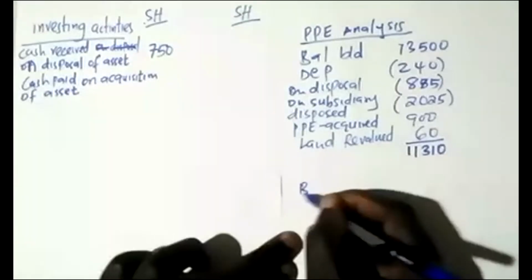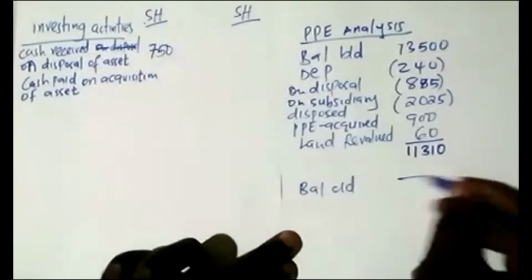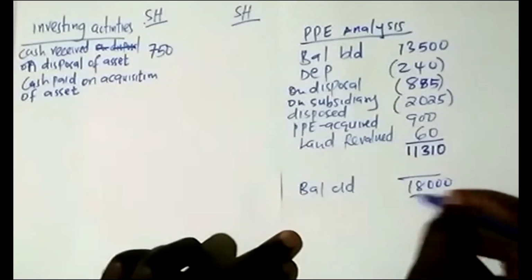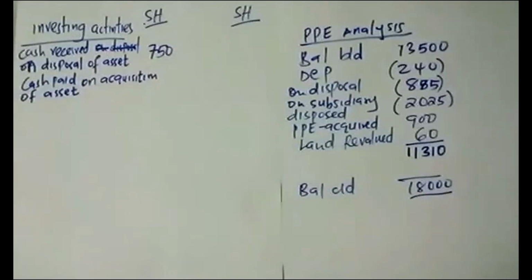So balance carried down is 18,000. So which means that there was an increase.